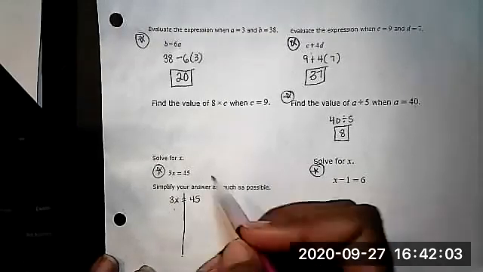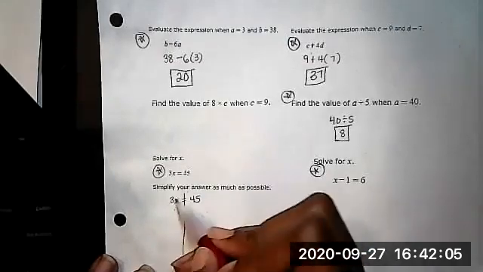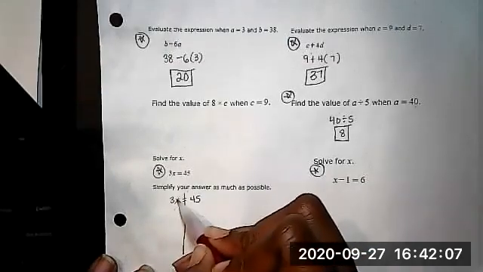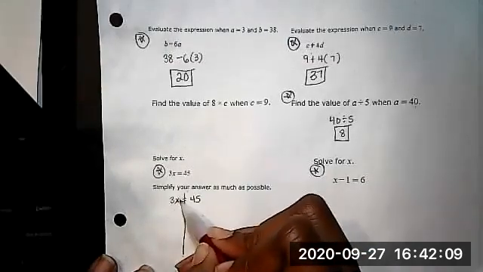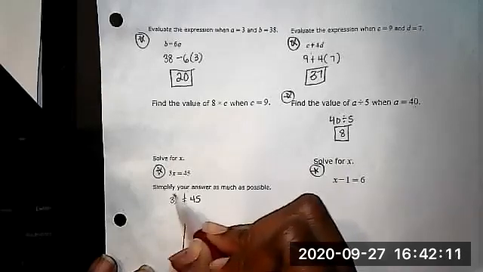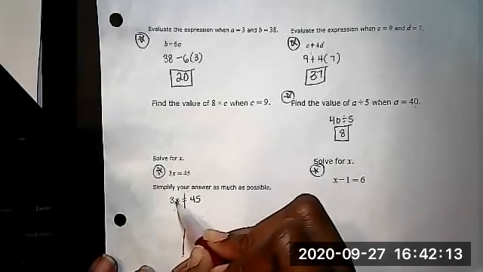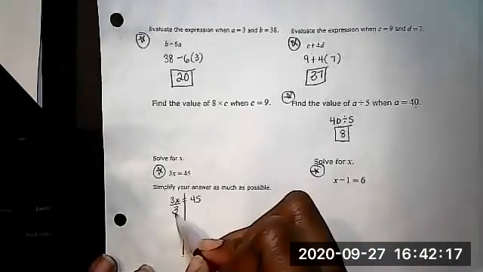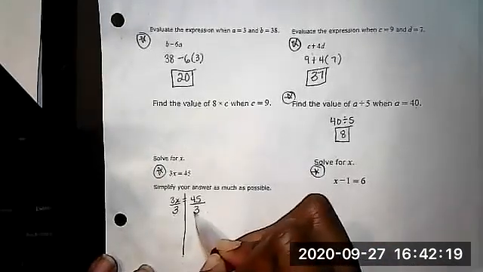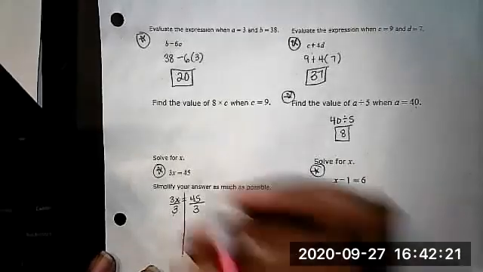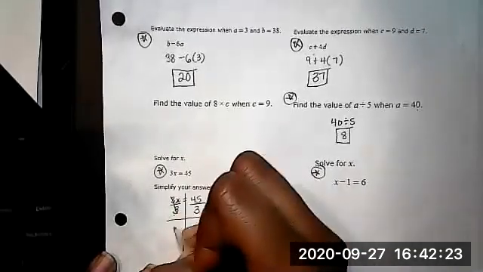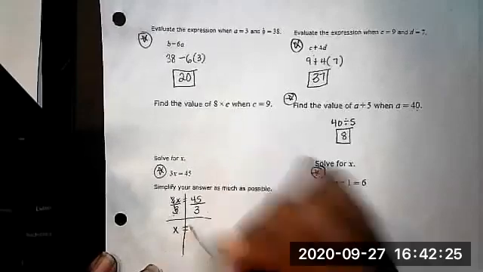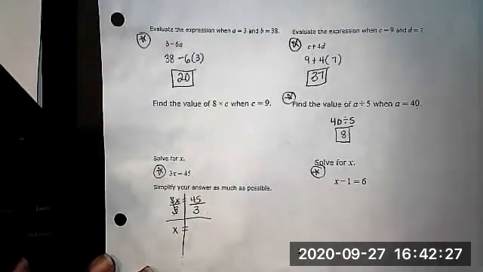Just make sure that you understand what your purpose is every time, and hopefully it will help guide your way. So in this case, if I want x by itself, this is 3 times x. In order to get rid of 3, I'm going to have to do the opposite of what's going on here. If it's multiplied, I have to divide by that number to get rid of it. But if I divide on this side, I have to divide on this side as well. That 3 cancels out. X is going to be equal to 45 divided by 3.